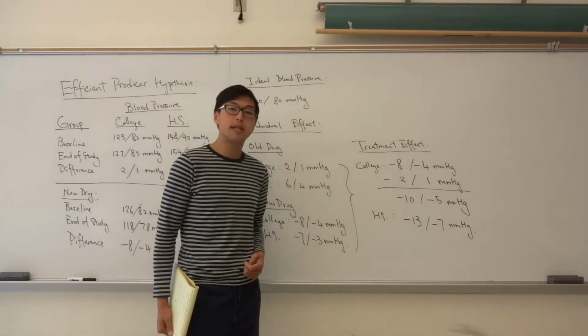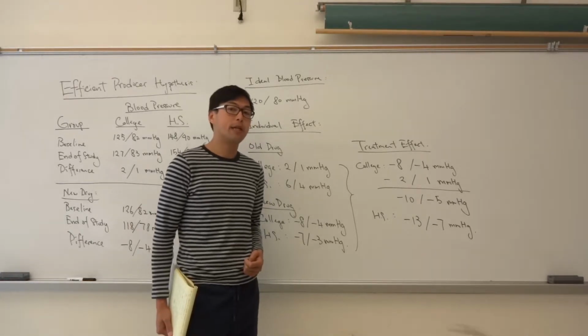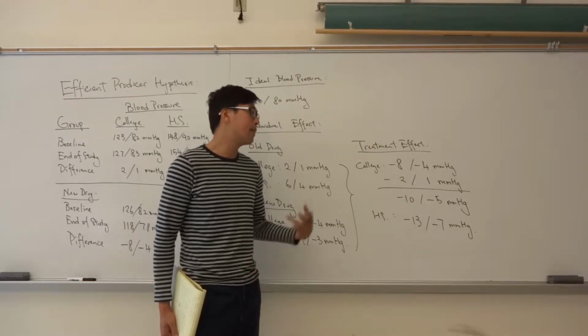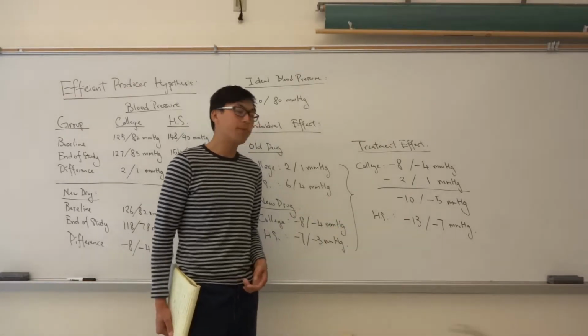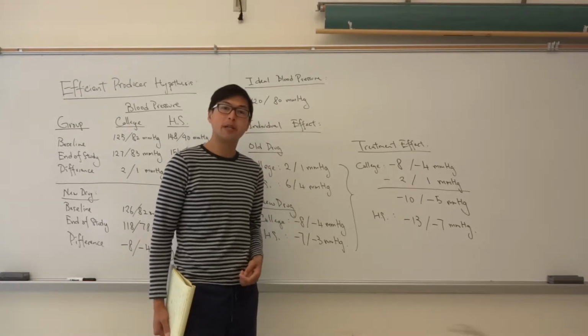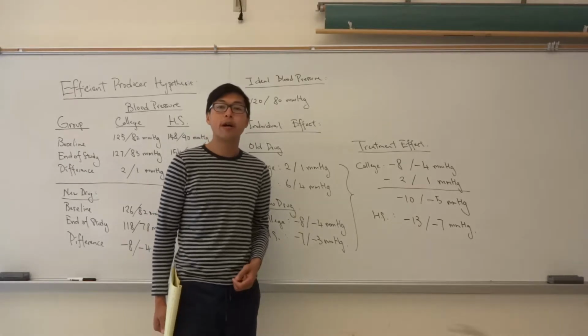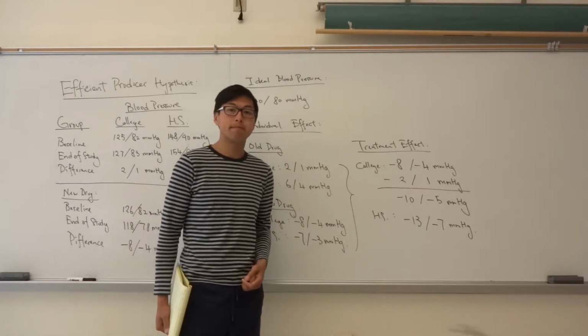So this policy implication has a very important effect on understanding how to assign different treatments to different groups of populations in society in order to achieve better health outcomes in society.